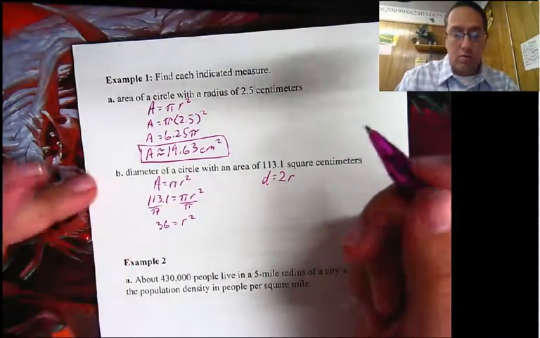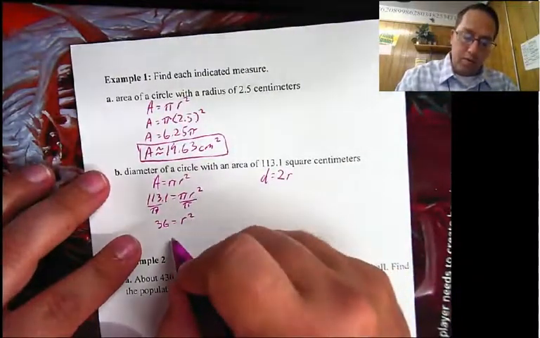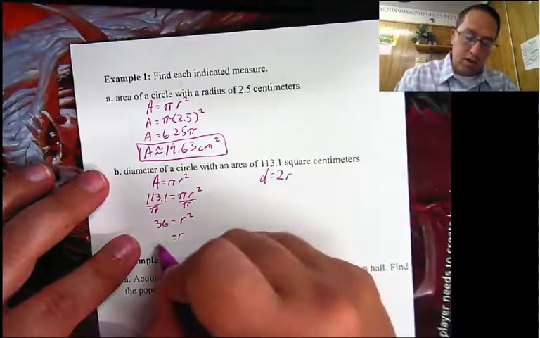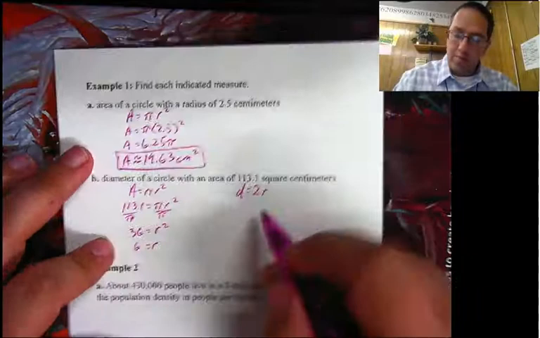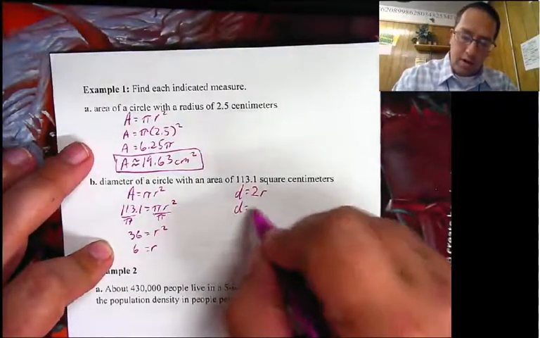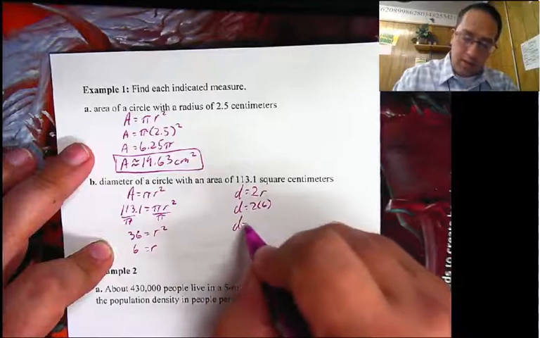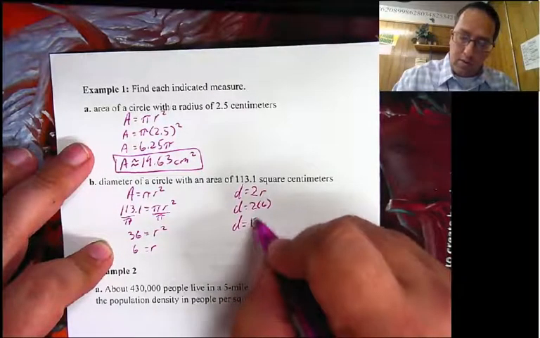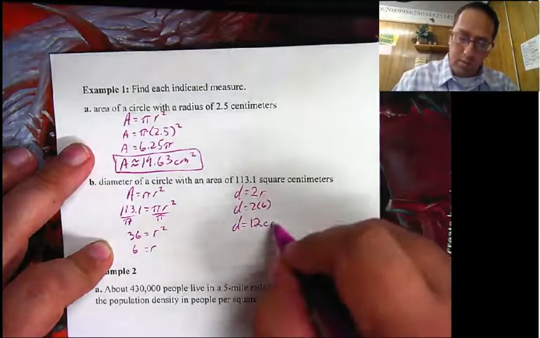We don't want r squared, we just want r. So to get rid of the square, we are going to take the square root of both sides. And so r is approximately 6. Going to take that, plug that in right here. Diameter equals 2 times 6. And so the diameter of this circle is going to equal 12, and this was in centimeters.